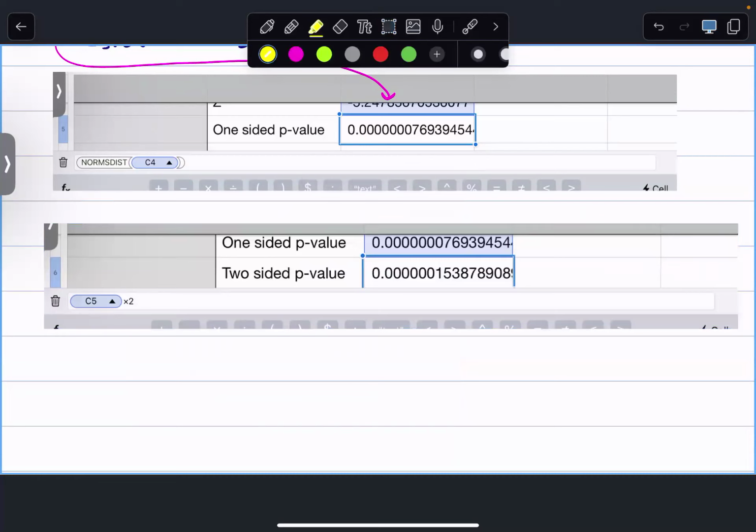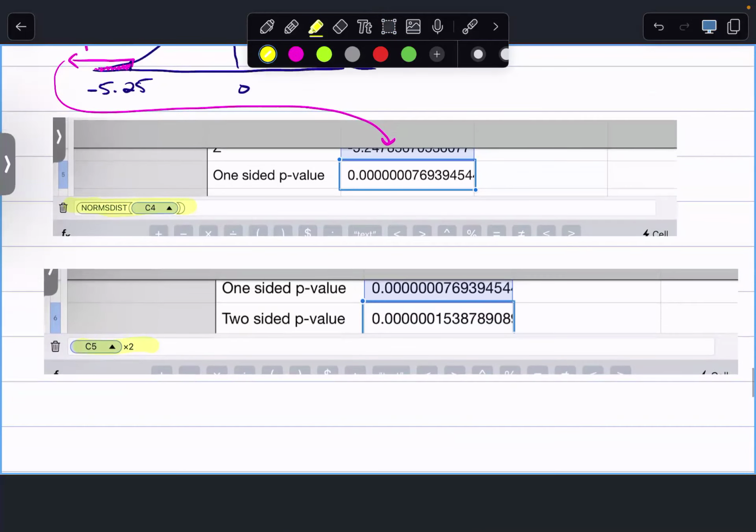Notice also that I'm keeping the commands showing here, right? That's the same as the formula bar in Excel. It's just below instead of above. That's the only difference. And so that's why I'm keeping them in my screenshot.